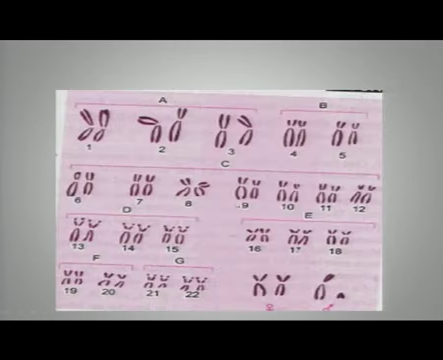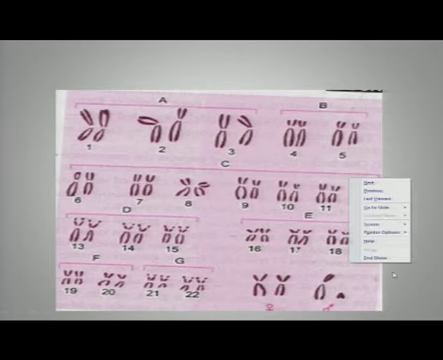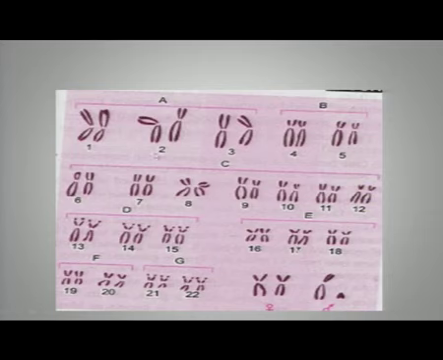Here you can see the karyotype of a human being. The autosomes as well as the sex chromosomes are categorized or grouped into different groups.